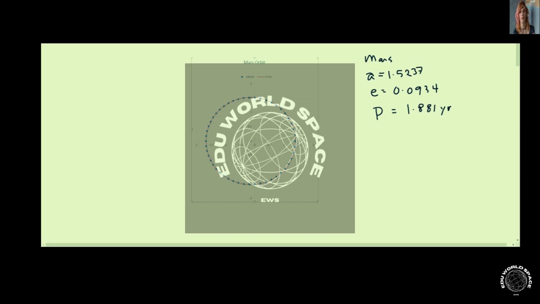X equals a cosine theta minus some sort of center point, and y equals a sine theta minus some central data point. And what you notice is that if you thought that maybe there was some noise in the data, that perhaps the circular fit does quite well. So the circle fits quite well.